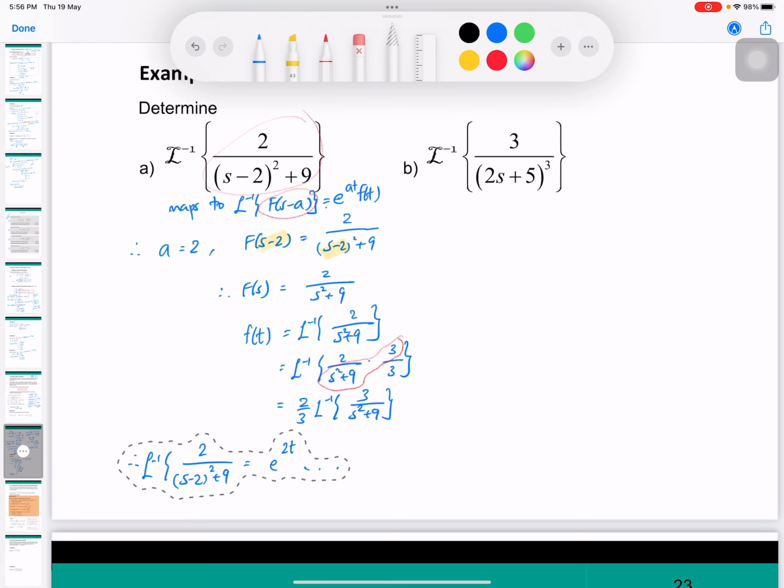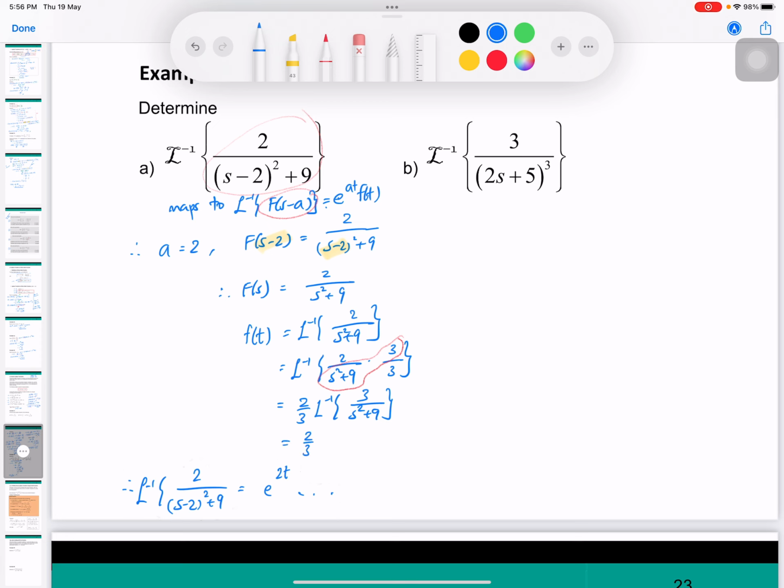And the answer is 2 over 3 times inverse Laplace of 3 over s squared plus 3 squared, which is sine 3t.